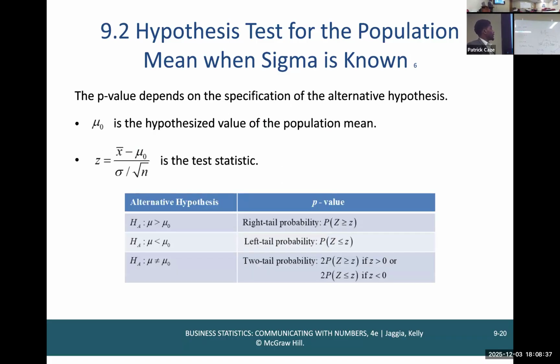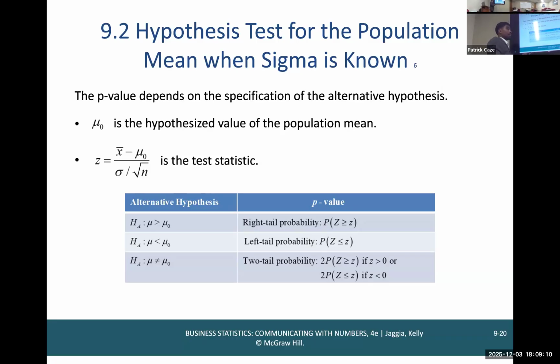The p-value depends on the specification of the alternative hypothesis. The mean of the null hypothesis is hypothesized by the population mean, and this is the test statistic. So here you've got a little table: alternative hypothesis, tail probability. Again, the mean of the population is greater than the mean of the null hypothesis.